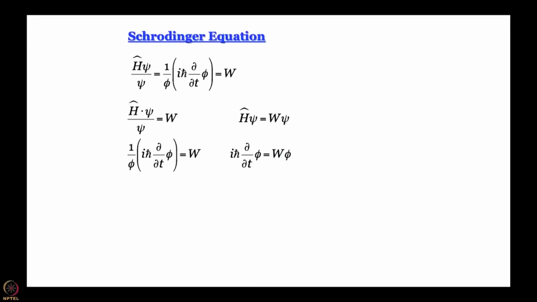So, what we have been able to do so far is break down the time and space dependent Schrodinger equation into two equations, one of which is completely space dependent, the other is completely time dependent, and that is what makes our life a little simpler. Not only because the math becomes simpler, but also because this time independent space dependent Schrodinger equation is the one that we are only going to use for the rest of the course, because we are all working with stationary states.